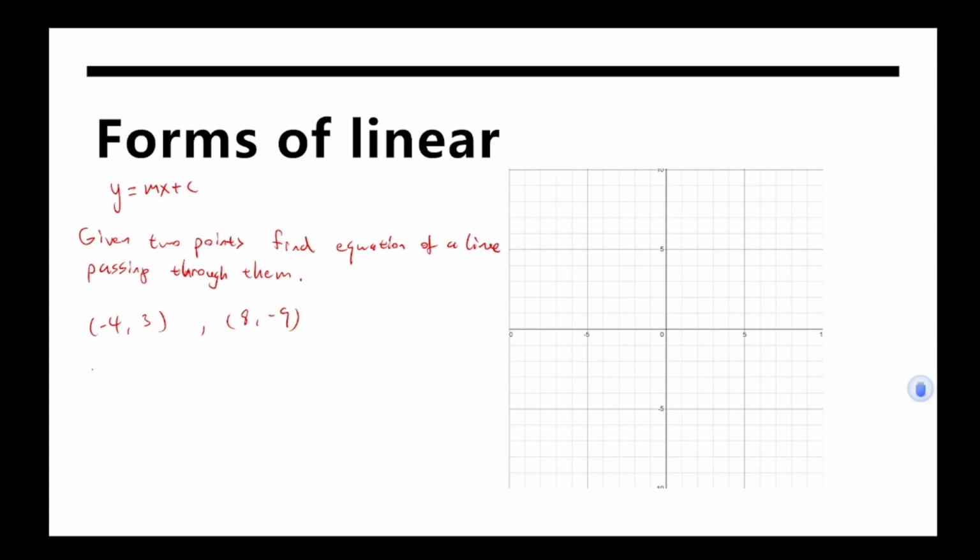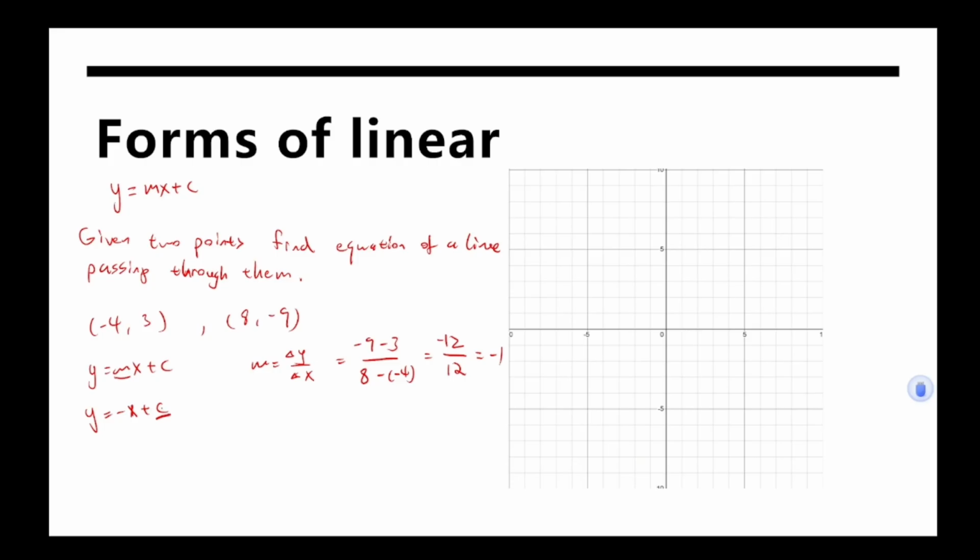So we know that the easiest form is y equals mx plus c. So we first find m. m equals change in y over change in x, which is -9 minus 3 over 8 minus -4. The numerator will give us -12, and the denominator will give us +12, which is -1. So m equals -1. We already got y equals -x plus c.